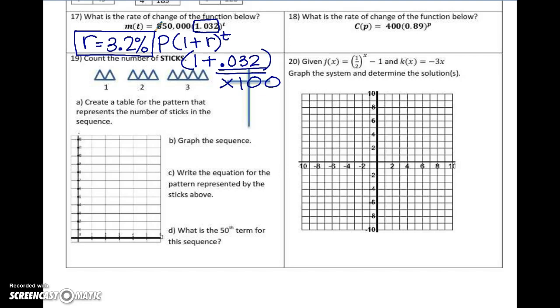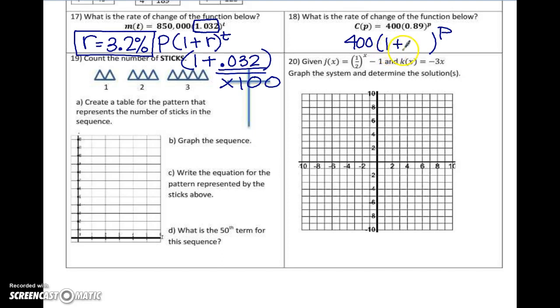What is the rate for this one on number 18? So again, we've got our principal, 1 plus, and then to the exponent t. This one's a little bit different because it's decreasing.